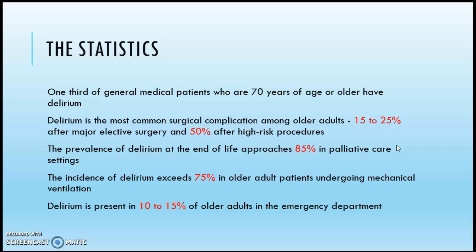The prevalence of delirium at the end of life approaches 85% in palliative care settings. The incidence of delirium exceeds 75% in older adult patients undergoing mechanical ventilation. Delirium is present in 10 to 15% of older adults in the emergency department.